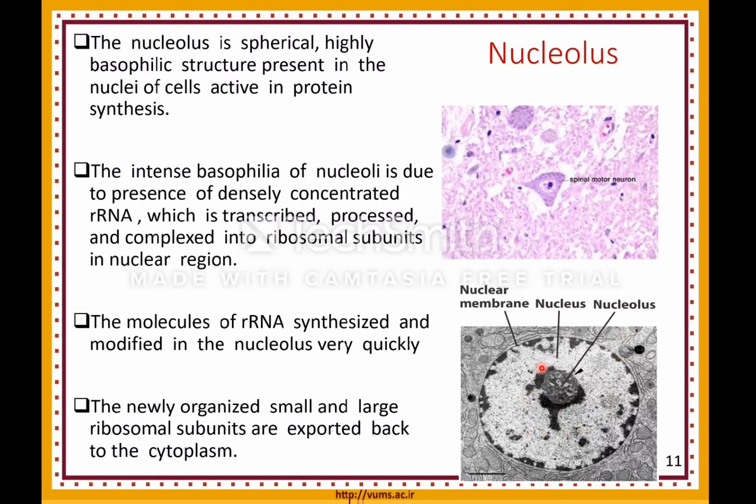Here you can see the electron microscope image of the nucleolus, heterochromatin at the periphery under the nuclear envelope, and euchromatin. And here you can see one neuron that, because most of its chromatin is euchromatin, the nucleus is very lightly colored. And this nucleus is named euchromatic.